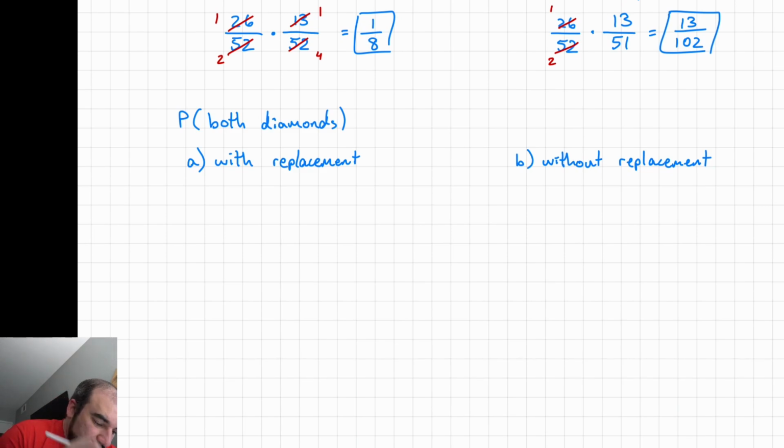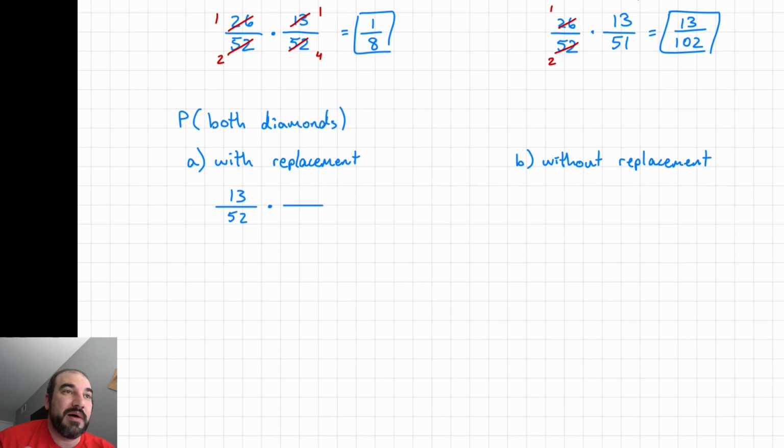Okay, let's talk about with replacement here. With replacement, essentially the two fractions are independent from each other, so the probability that the first one is a diamond and the probability that the second one is a diamond should be the same, right? So if the probability that the first card drawn is a diamond is 13 out of 52, we put that diamond back.